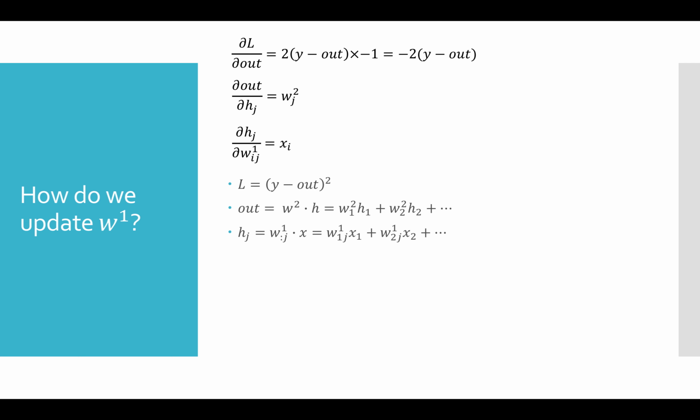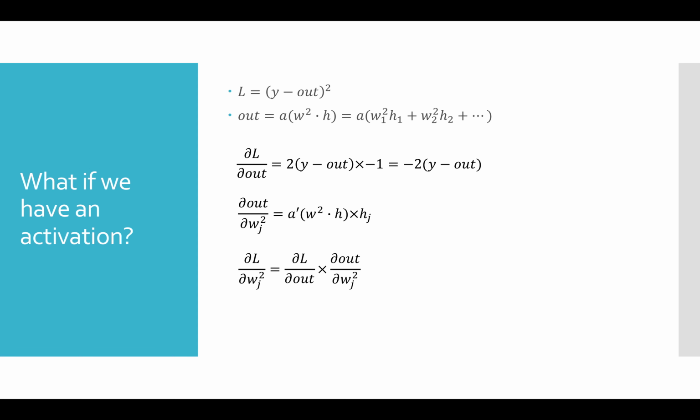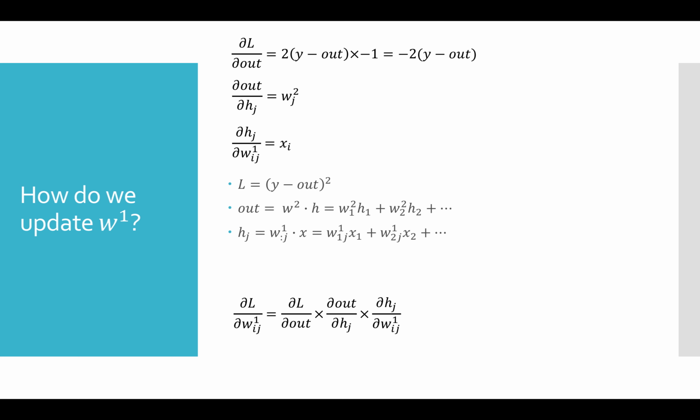And then we take the derivative of Hj with respect to W1, and the particular W1 would be Ij, and the result is Xi. We multiply all those together. And that gives us the derivative of the loss with respect to that particular W1.